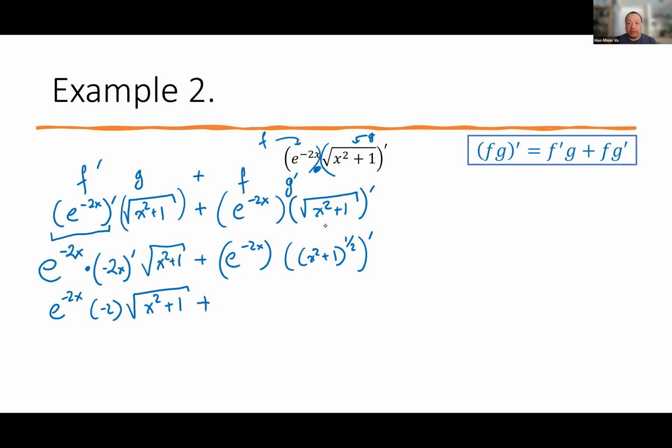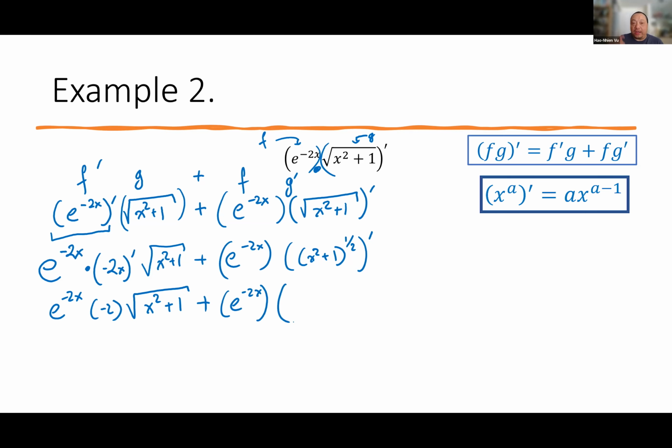Now it's something I know. I know it's a power rule, so apply the power rule. The power rule says bring the exponent in front and at the same time subtract it by 1. So I bring the exponent in front and I subtract it by 1. But also, what else is going on? What else is going on is that I need to worry about the chain rule.